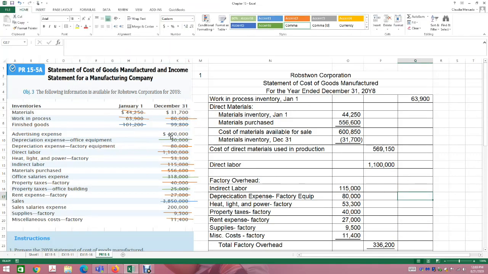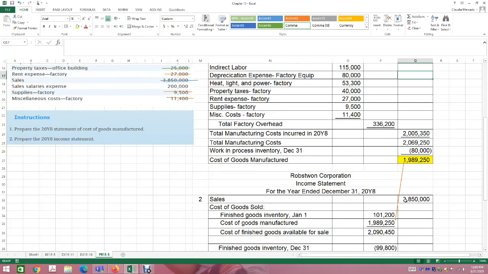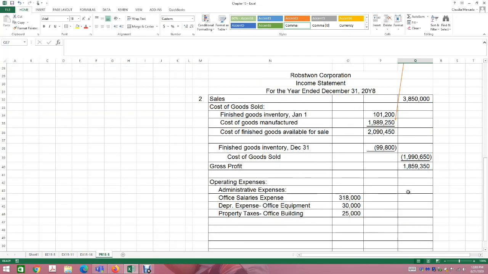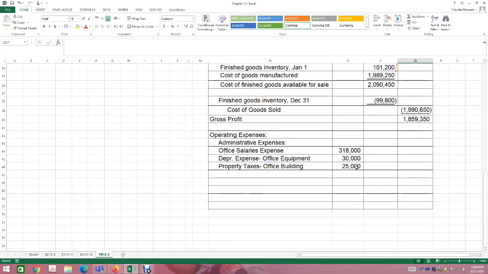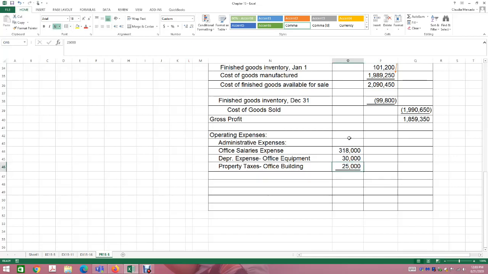Well, we have advertising. No, that has nothing to do with the office. And we have sales salaries. Nope. So that's it. We're going to add those three together. And let's see what we get. So we get $373,000 for office salaries expense, depreciation expense, and property taxes.